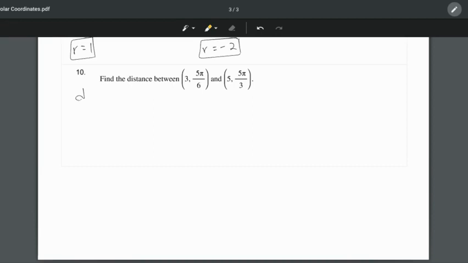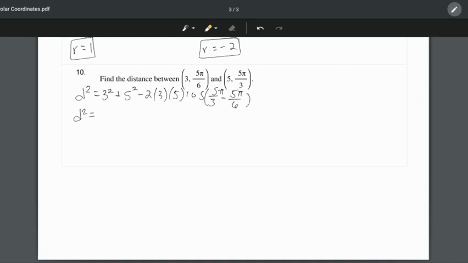So that is d squared equals, we would have the first r value, so 3 squared, plus second r value squared, so 5 squared, minus 2 times 3 times 5 times the cosine of 5 pi over 3 minus 5 pi over 6. And so when we do 5 pi over 3 minus 5 pi over 6, we end up getting 5 pi over 6.